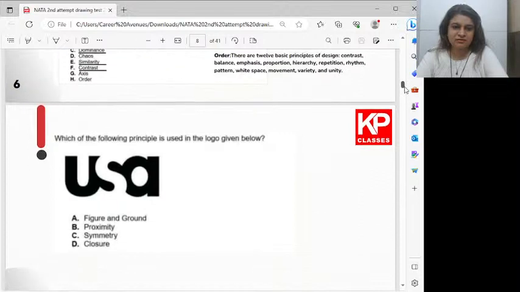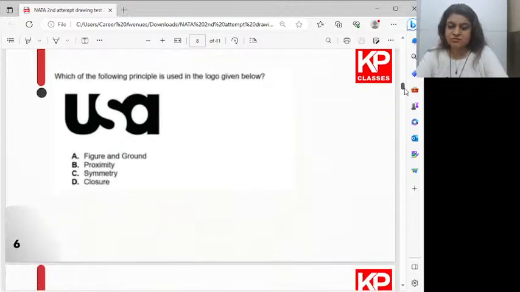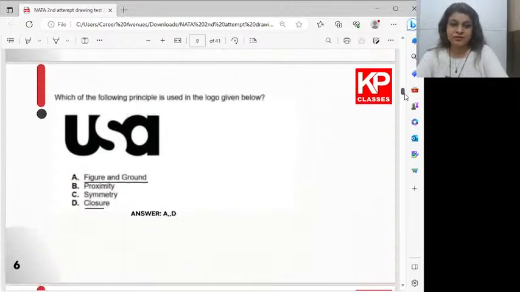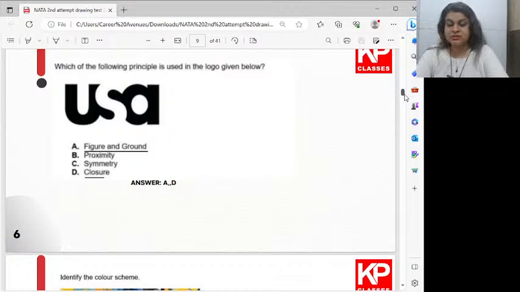Moving ahead, this one's very, very easy. So again, please be very well versed with the logo designs and what elements or principles they have. So here, simply we know there's figure and ground, which is the play of negative and positive area, and we have the principle of closure.